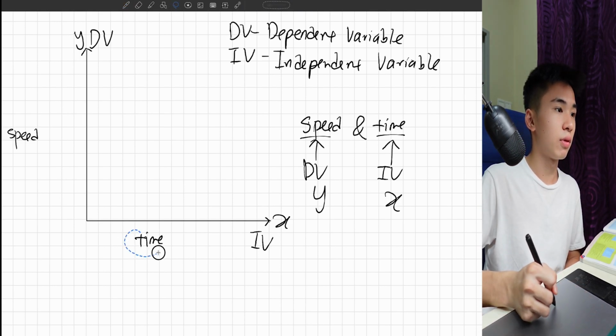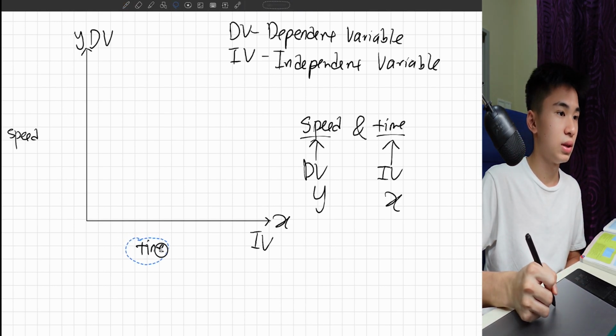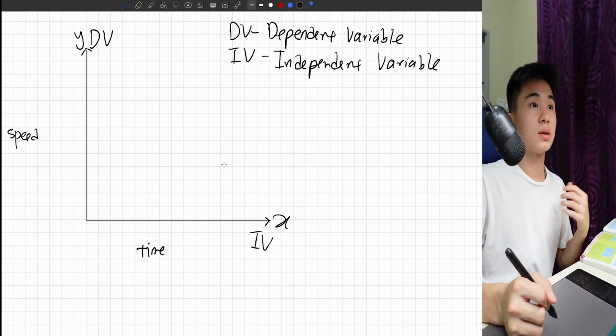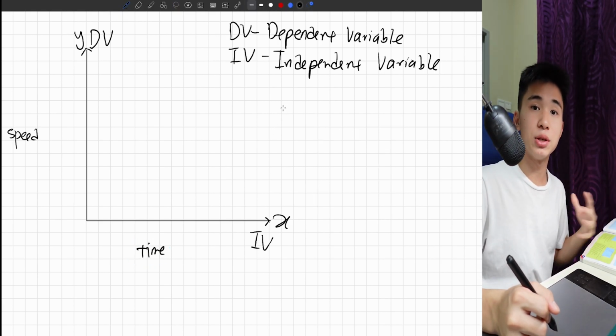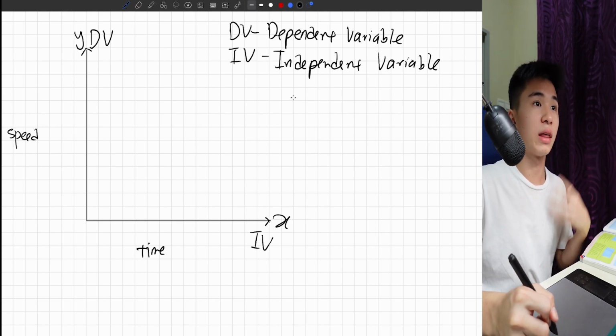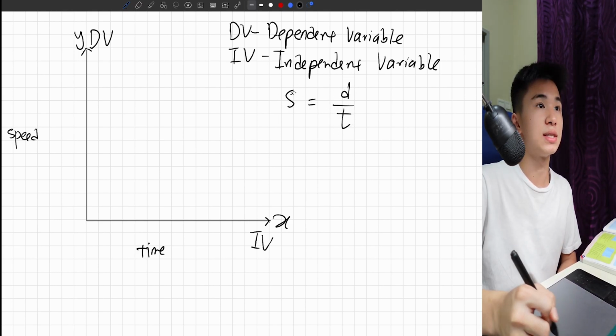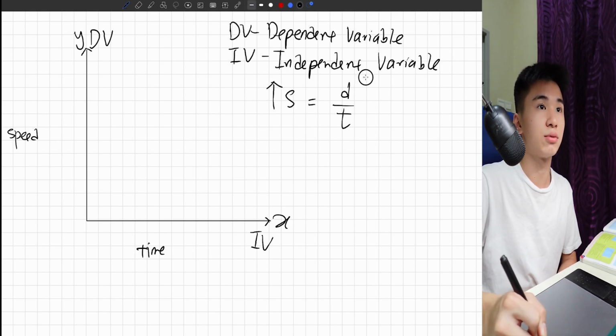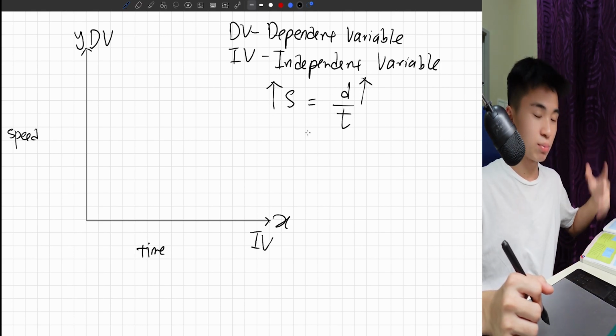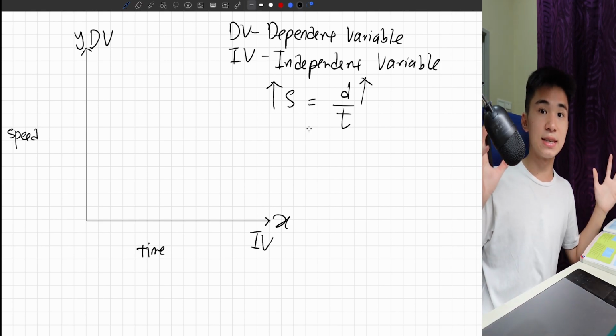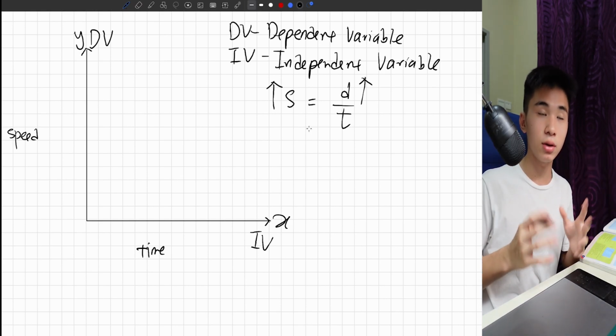Let me just move this down a little bit. So what is the relationship between speed and time? We know the formula is speed equals distance over time, which means if you increase speed, you must increase distance as well. More speed means more distance traveled in less time.